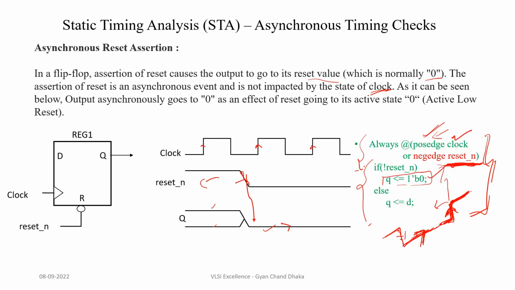So friends, an important point to note here is, during reset assertion, there are very few chances or no chances that our flip-flop can go into metastable state. Because as soon as there is a reset assertion, our flip-flop output will go to 0.